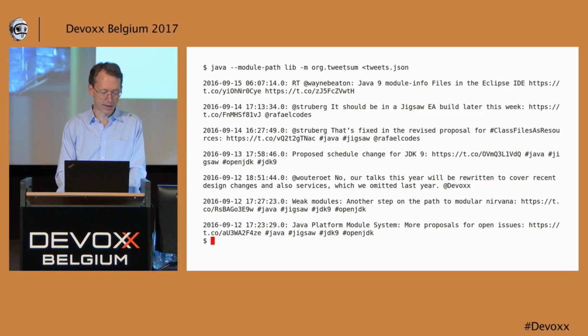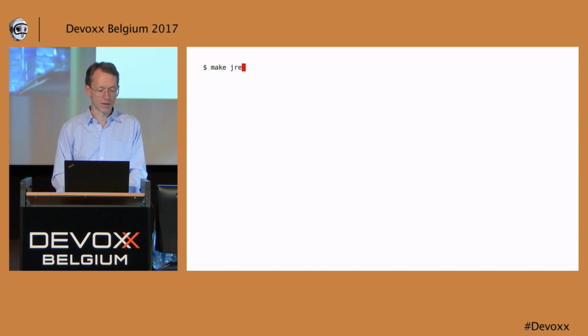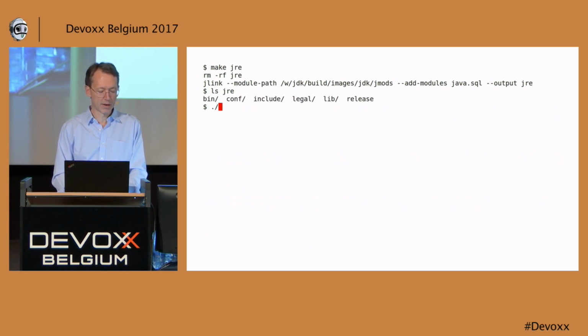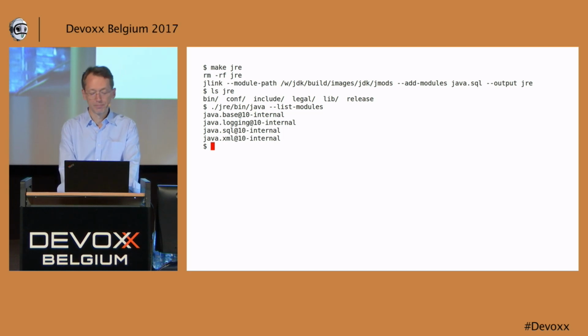Let's make a little JRE to take a closer look here, and I'll just use a make rule I had left around. So here's a little JRE. It only has the modules that we need, and I can now run using this.